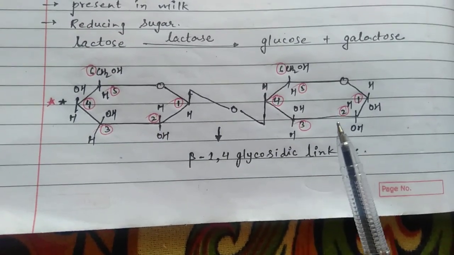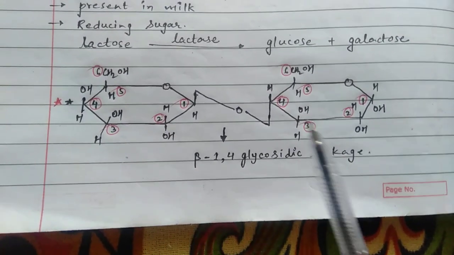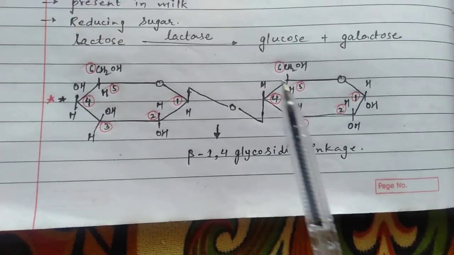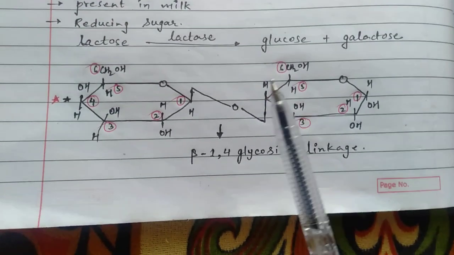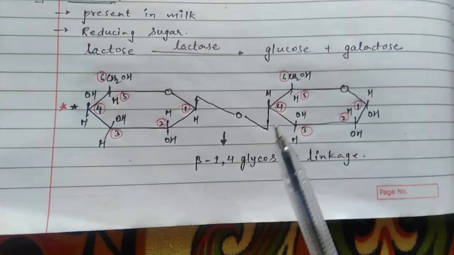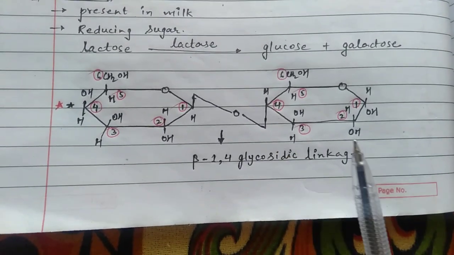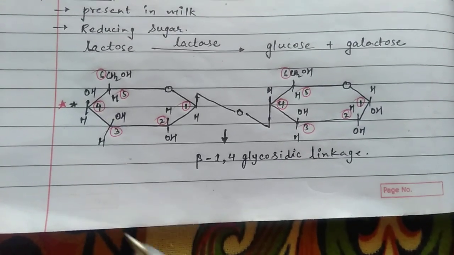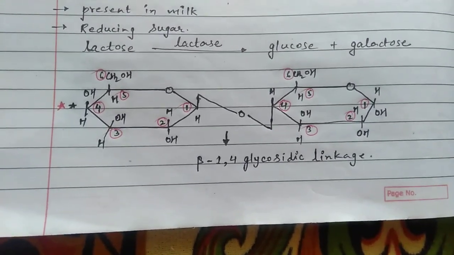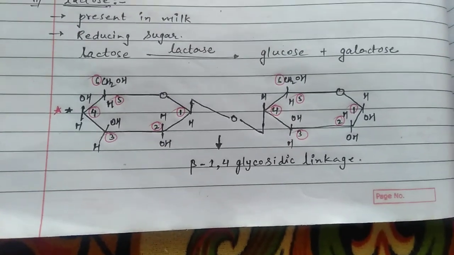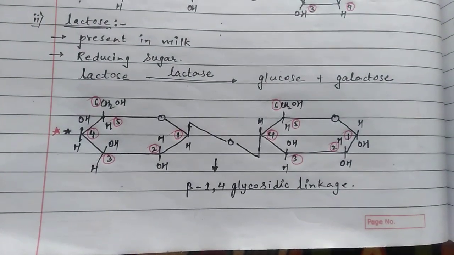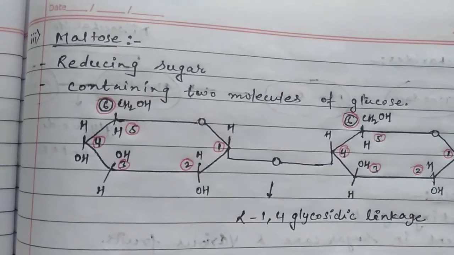The second carbon is also similar. At the third carbon everything is similar, but at carbon number 4, if the hydroxyl group is under the carbon, that is glucose, and if the hydroxyl group is present above the carbon in the structure, that is galactose.